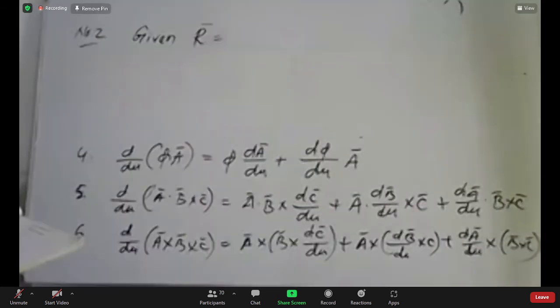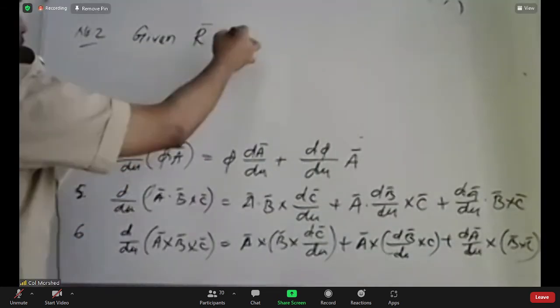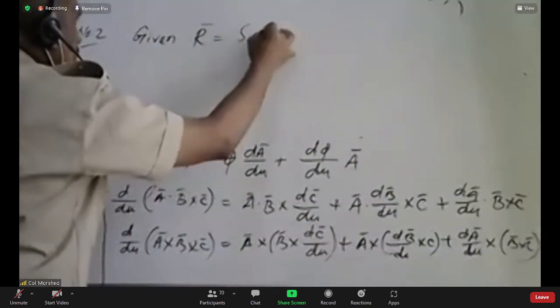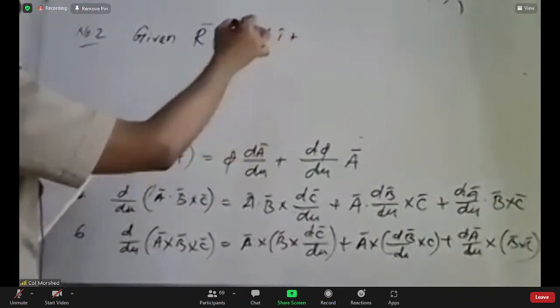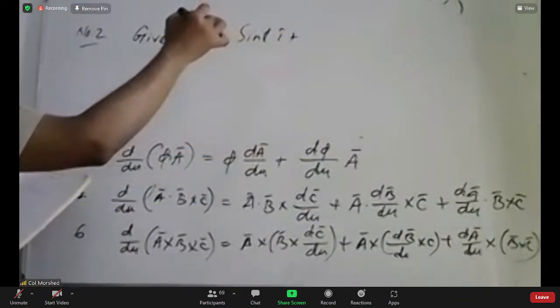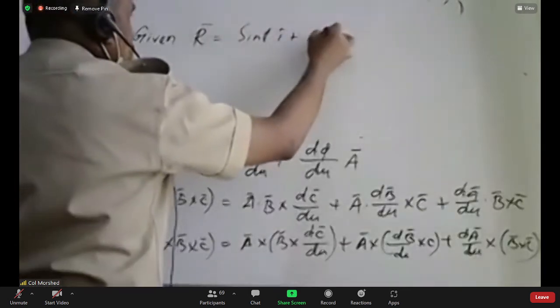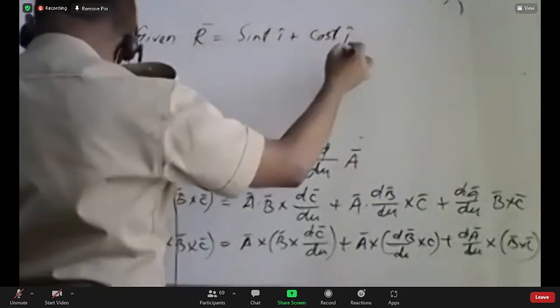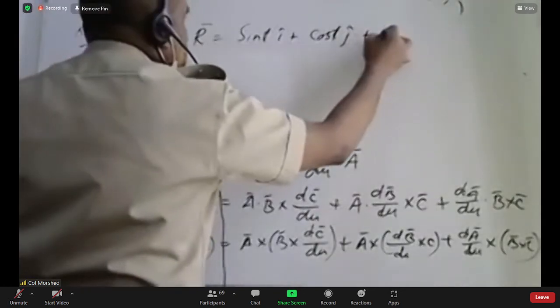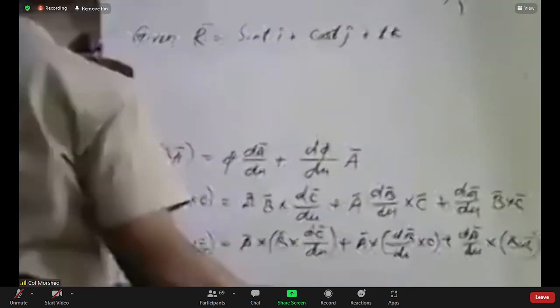Okay, I am solving another problem. Given r is equal to sin t i, this is a vector, plus cos t j plus t k.